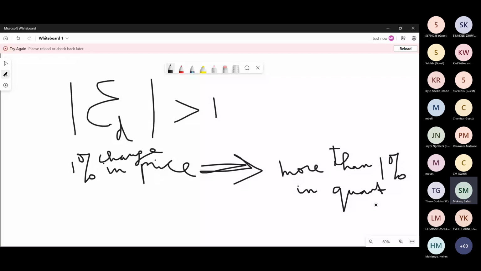Here we say that the price is elastic. It's given there on page 30, right? Here we say that the demand is elastic.